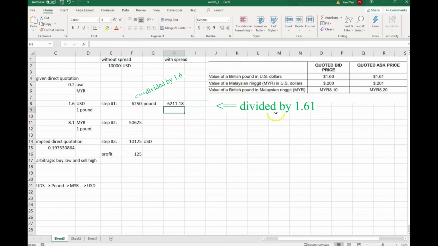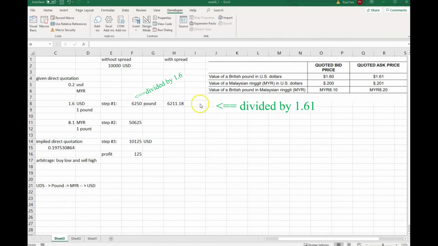Let's type directly. We don't see the formula, so we type show formula. Here it is divided by 1.61 because this is the high price.